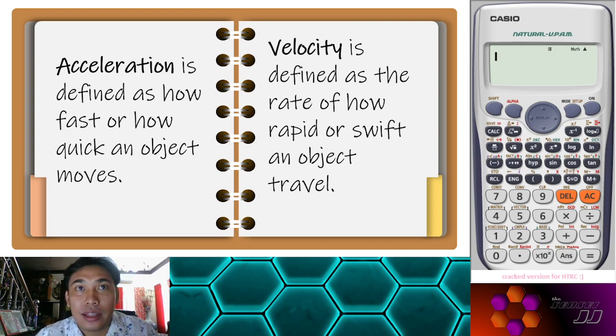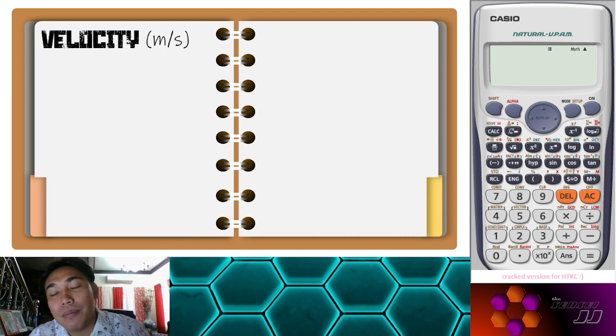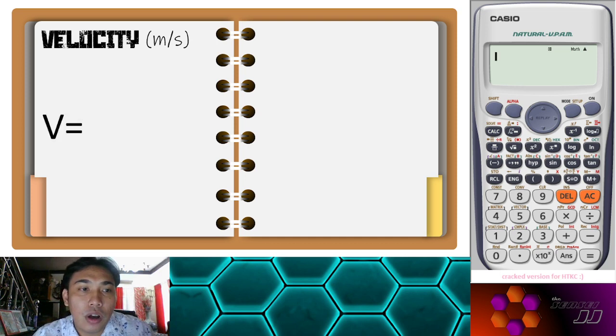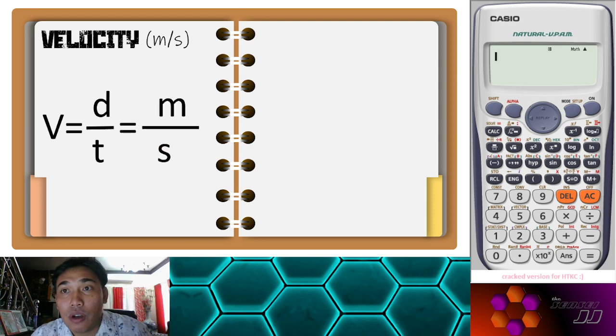We have here velocity, which is measured in meters per second. The basic formula for velocity is v equals distance over time. Distance has a unit of meters, and time has a unit of seconds. That's why we have the unit of meters per second. Again, velocity v is equivalent to distance over time.